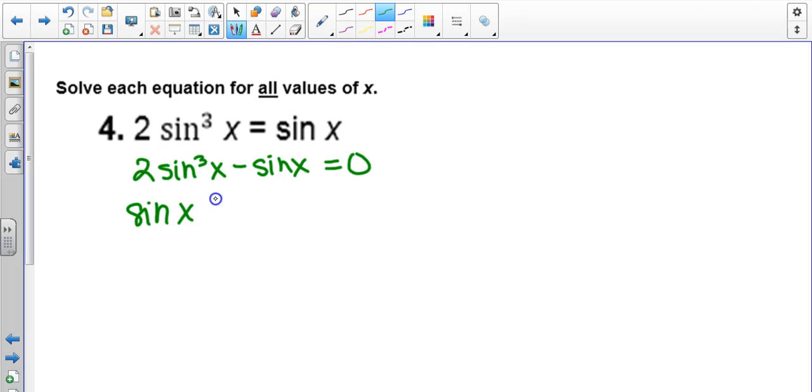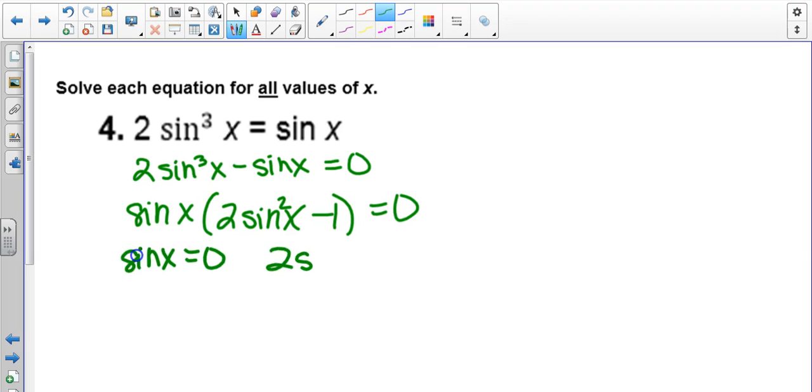Now this one we're not going to get to throw away a bunch of stuff. 2 sine squared minus 1 doesn't really factor further, right? So we have sine is equal to 0, or 2 sine squared minus 1 equals 0. What can we do with this one on the right? Add the 1, divide by 2, and we get sine squared as a half.